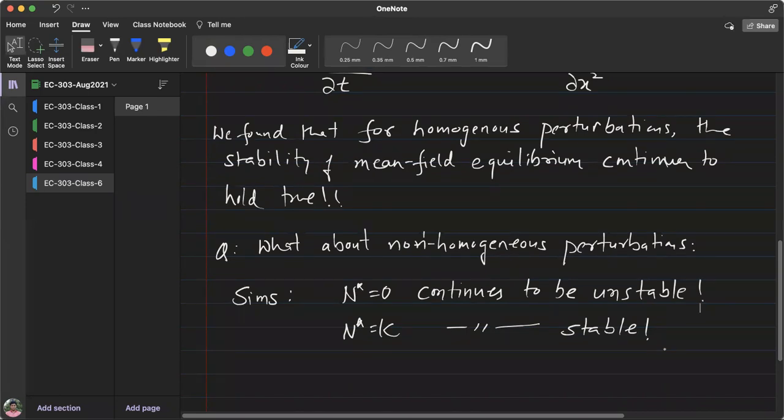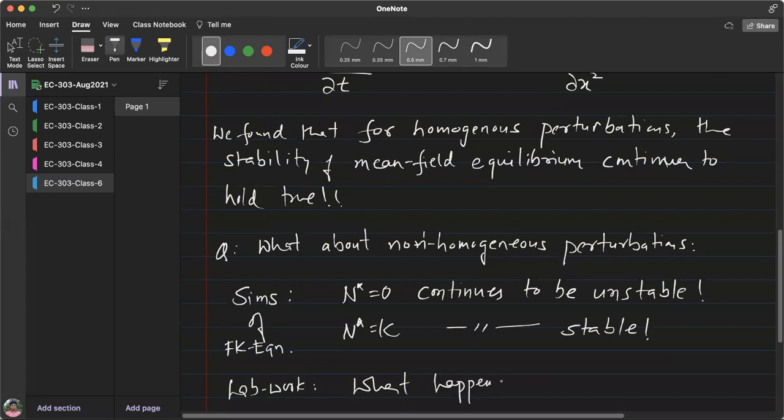Okay, and then I asked you a more difficult question. This is for the simulations of the Fisher-Kolmogorov equation, right? And then in the lab work, I asked you what happens for the harvesting model with space in the bistable region, right? I hope you have found some answers.